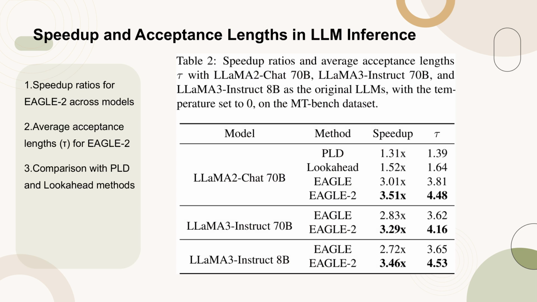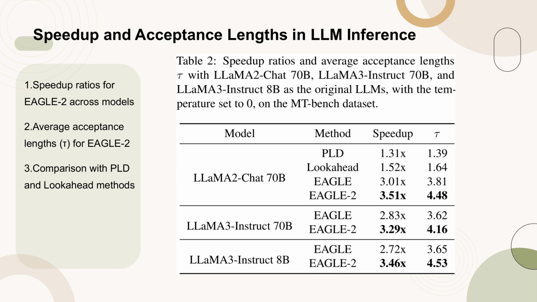Table 2 presents the speedup ratios and average acceptance lengths, τ, for 3 different LLM models, Llama 2 Chat 70B, Llama 3 Instruct 70B, and Llama 3 Instruct 8B. The data is collected with the temperature set to 0 on the MT-bench dataset. The table compares the performance of EAGLE-2 with other methods like PLD and Lookahead.